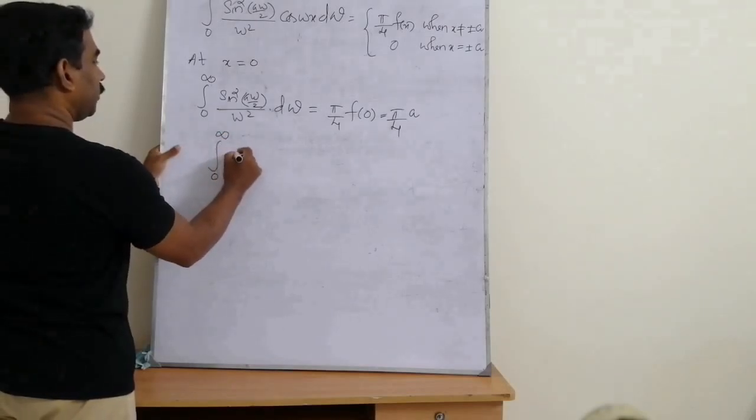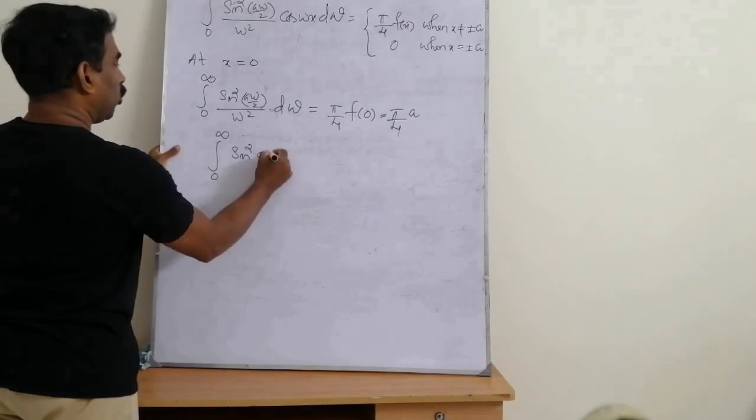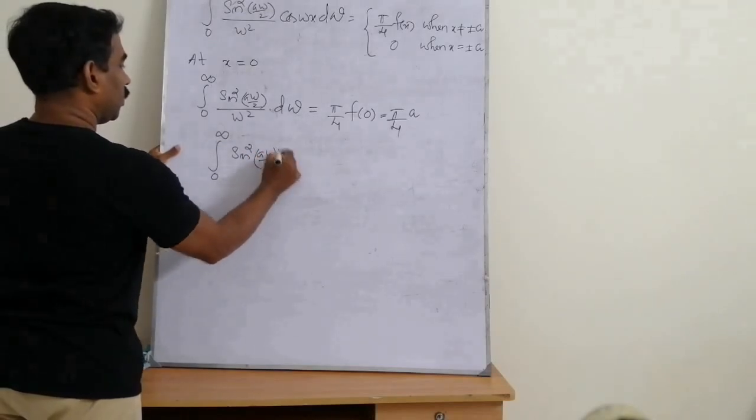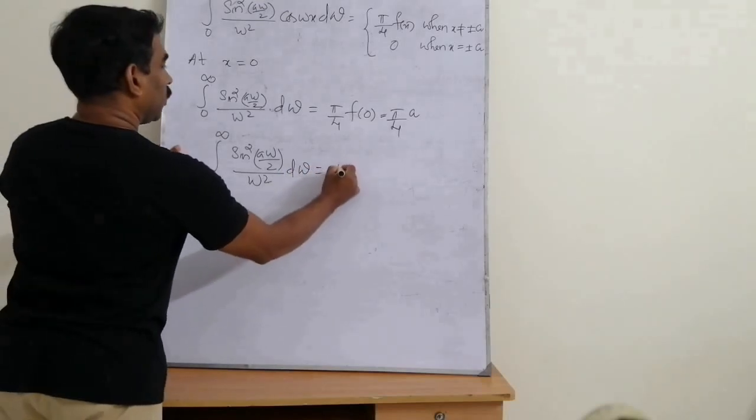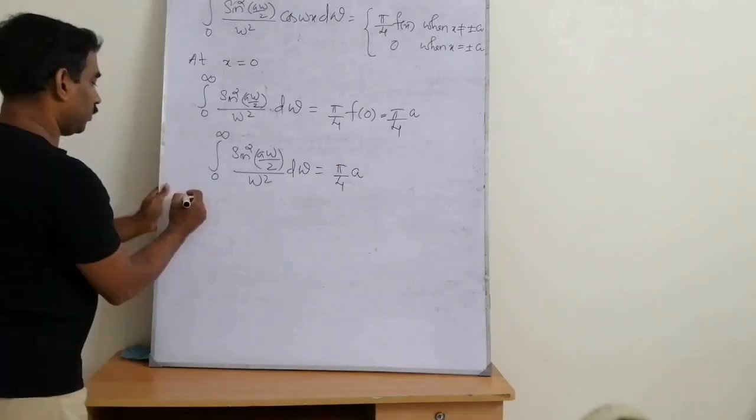Integral 0 to infinity sin square a omega by 2 divided by omega square d omega is equal to pi by 4 a.